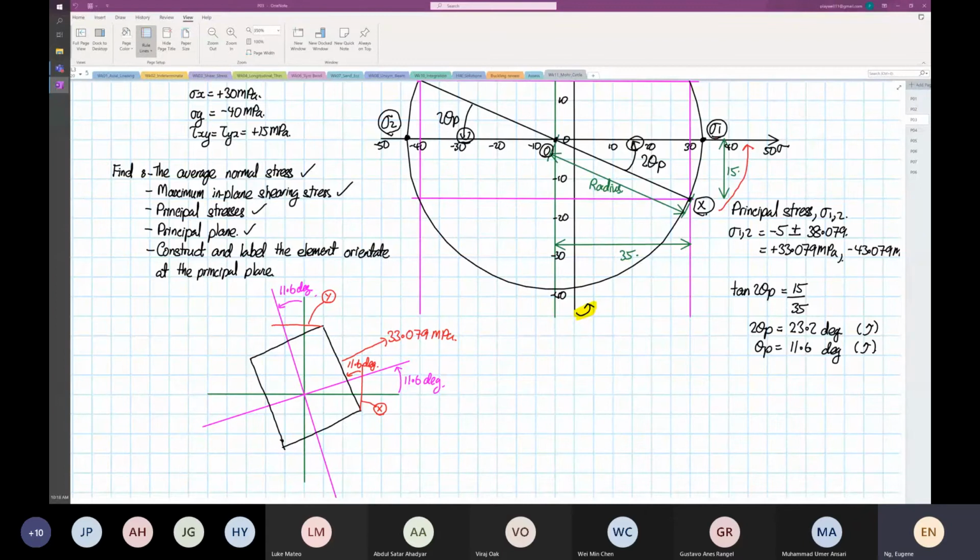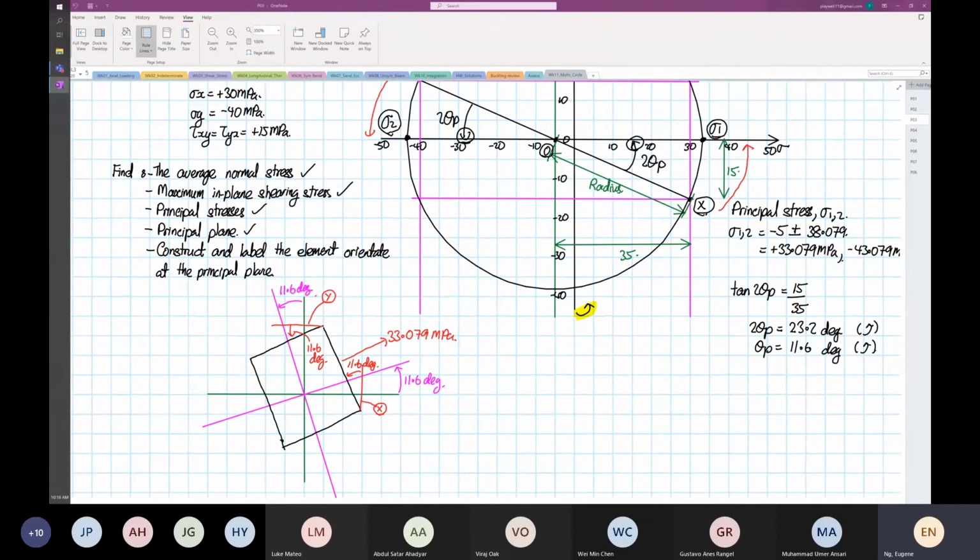Now we look at point Y. On the element, point Y will rotate anti-clockwise to this plane, also by 11.6 degrees. So if you look at Mohr circle from point Y, you rotate by 23.2 degrees, and you get your stress 2 value.